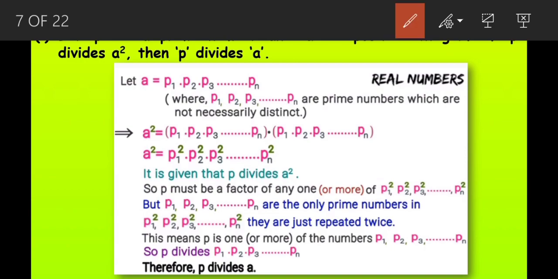According to it, let A equal P1, P2, P3 and so on up to Pn. This is the A value, where P1, P2, P3, Pn are prime numbers which are not necessarily distinct.